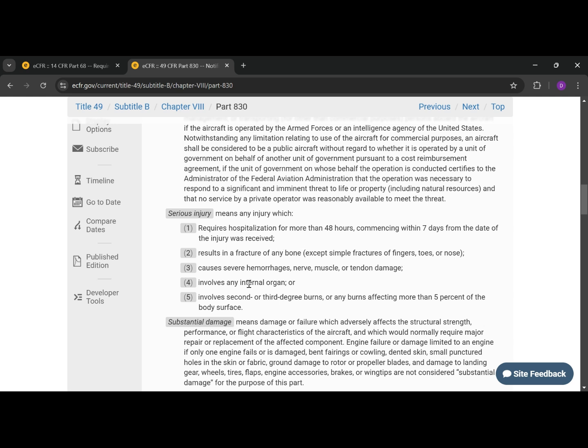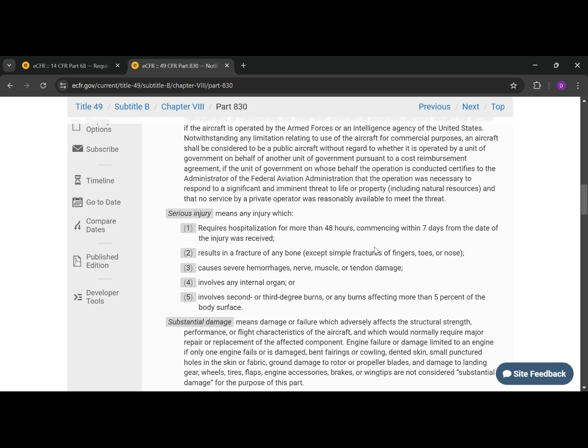That's starting to get a little crazy. Causes severe hemorrhages, nerve, muscle, or tendon damage. Involves any internal organ, or involves second or third degree burns, or any burns affecting more than 5% of the body surface.